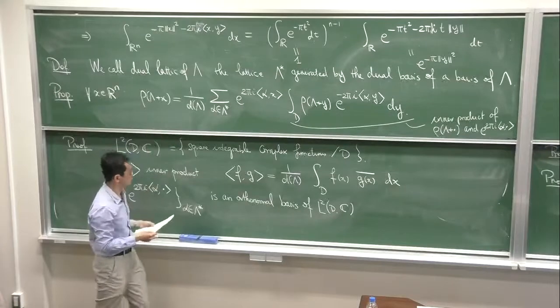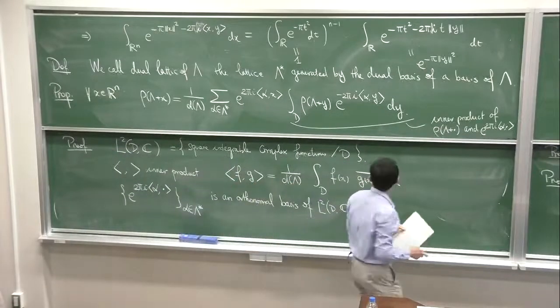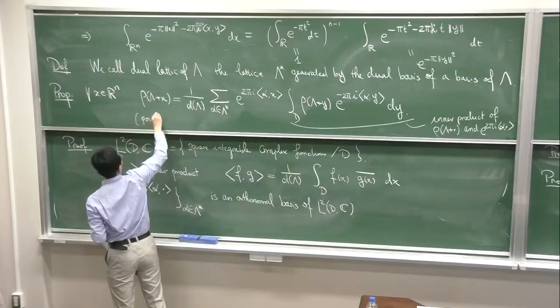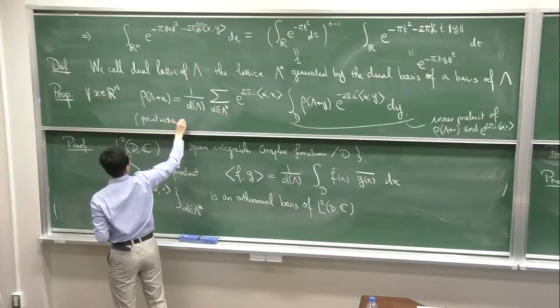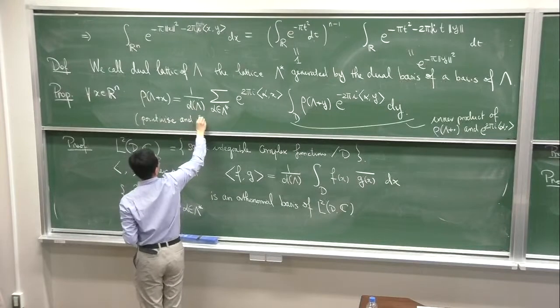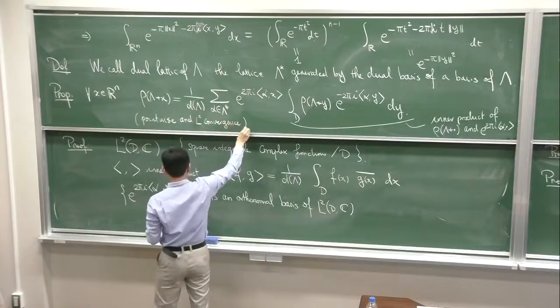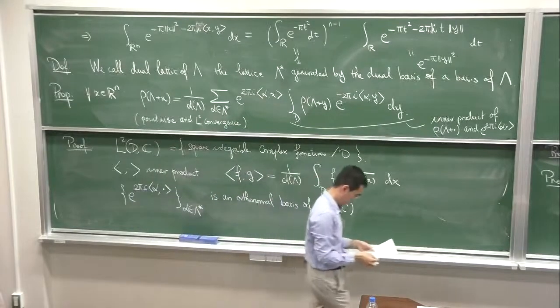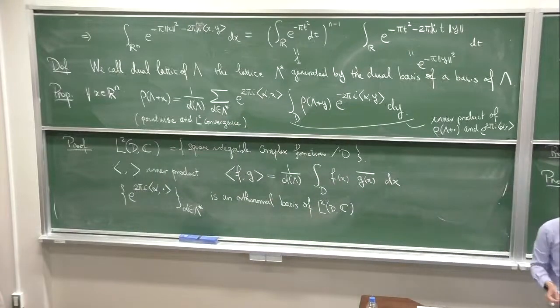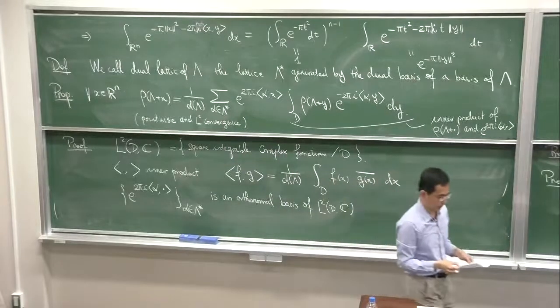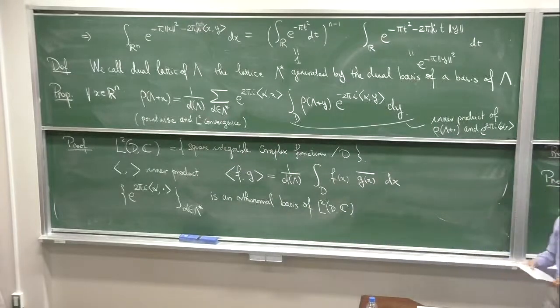And you also have that this convergence is uniform because lambda star is also a lattice.